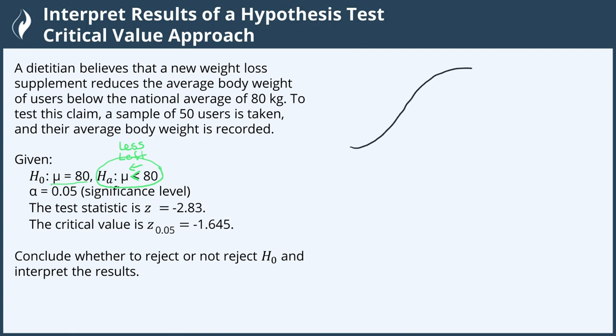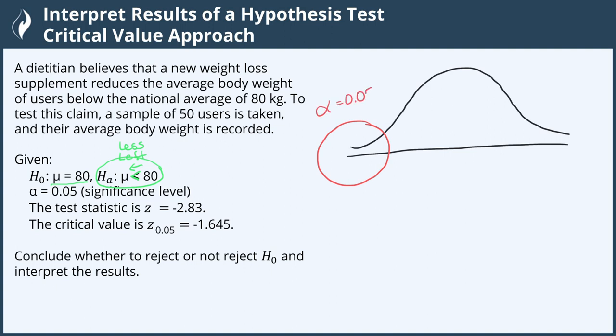And it's easiest to visualize if we draw out a normal curve, and we are looking for a left-tailed test with an alpha, or significance level, of 0.05, making the cutoff for our rejection region.